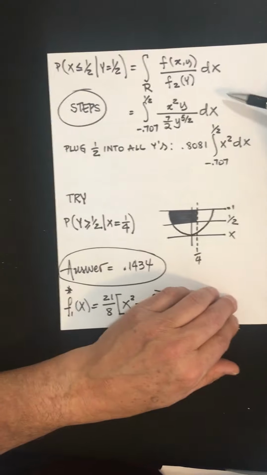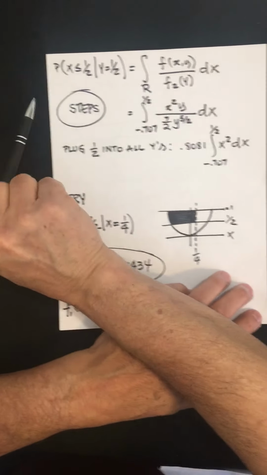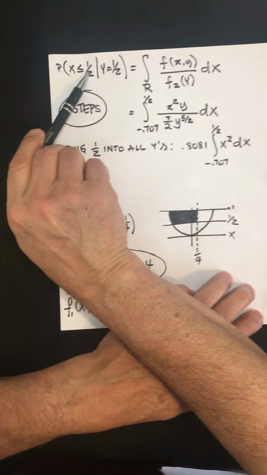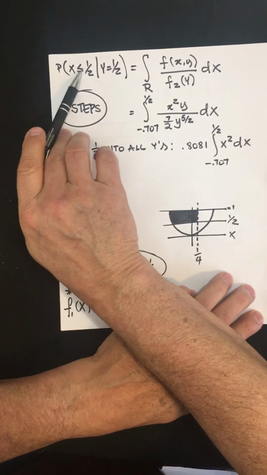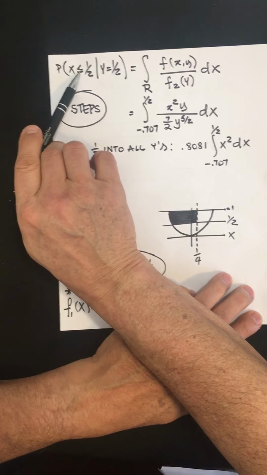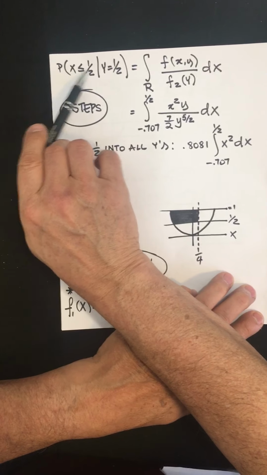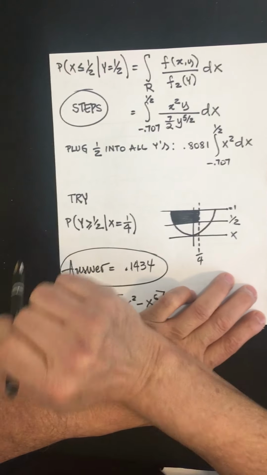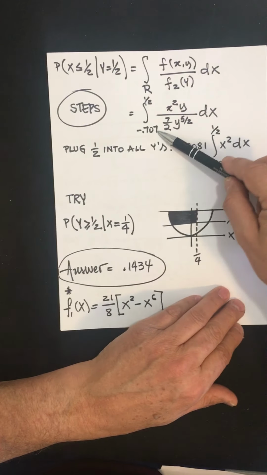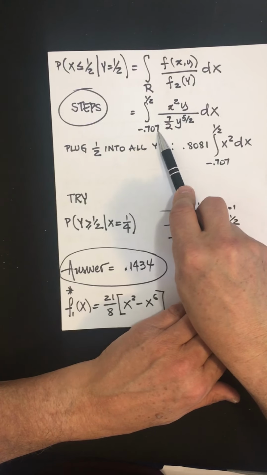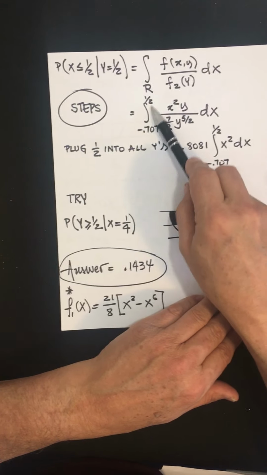Okay? Now note, because the probability is that x is less than half, then we're going to do dx, right? We're adding all the way through this interval. Now, you may be thinking, how do I know this number? Because I need the limits of integration.